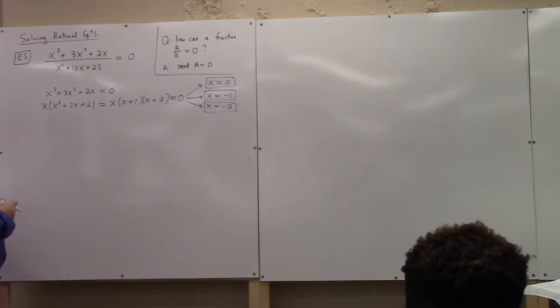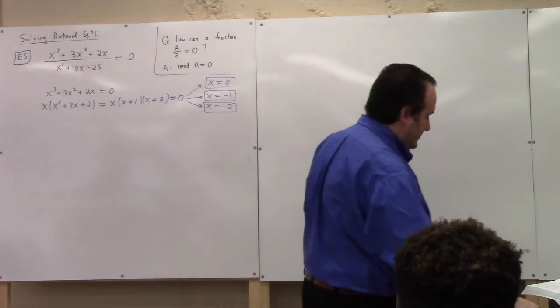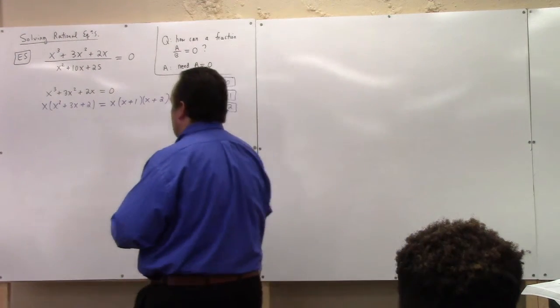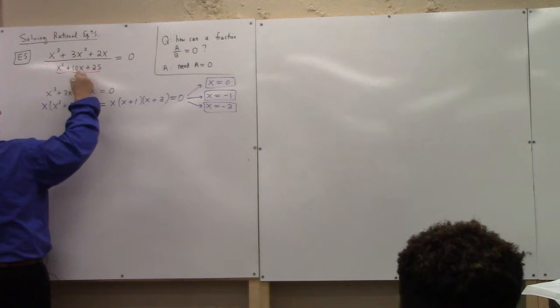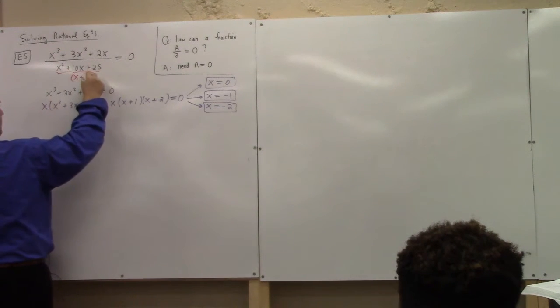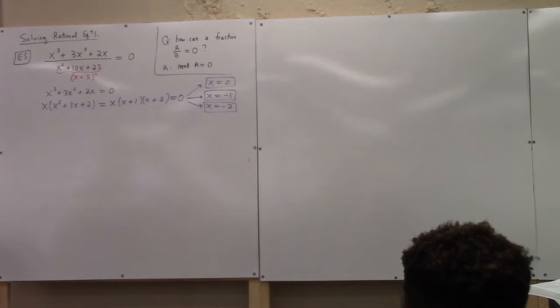And what is that denominator, by the way? So this guy right here is actually x plus 5 squared, yeah? So the only way the denominator can be 0 is if x is equal to minus 5, right?